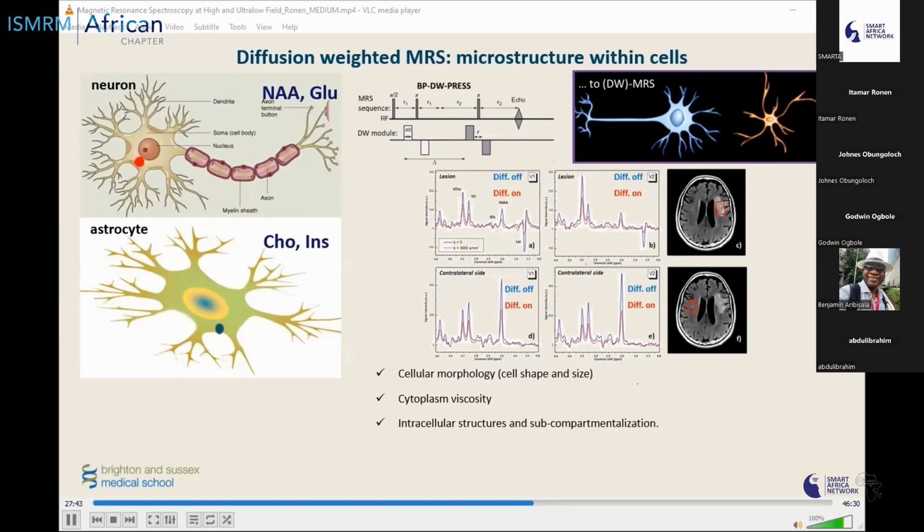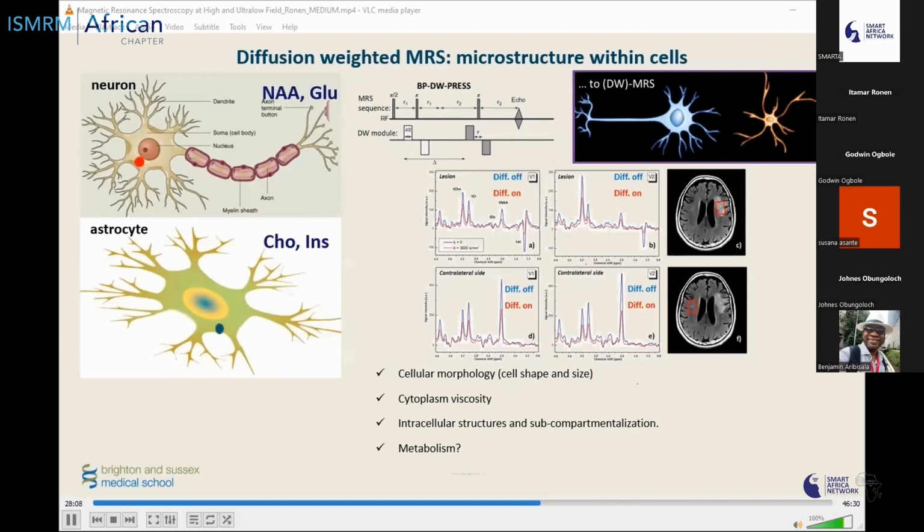We can also hope to get information from other structures within cells, for example, mitochondria or other structures that may contain specific metabolites. And maybe we can also say something about metabolism, because metabolism may also affect the diffusion properties of molecules that are engaged within a chemical reaction linked to metabolism.